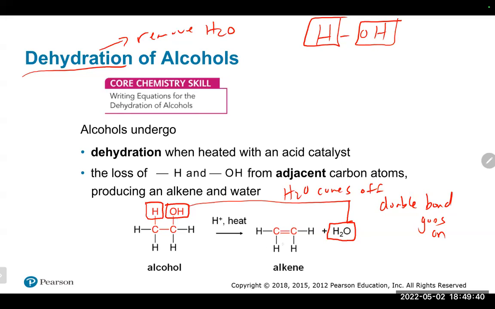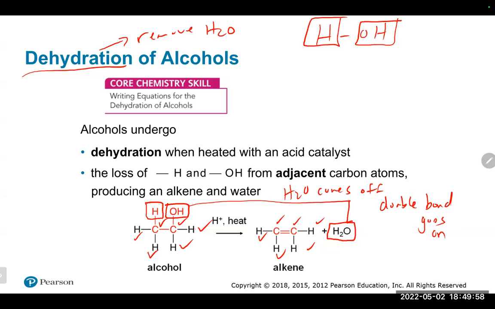Again, nothing else changes. Here's our H, here's our H, there's our carbon, there's our carbon, other H, and other H. Absolutely nothing changes except that we take that off and then slap a double bond between the two.